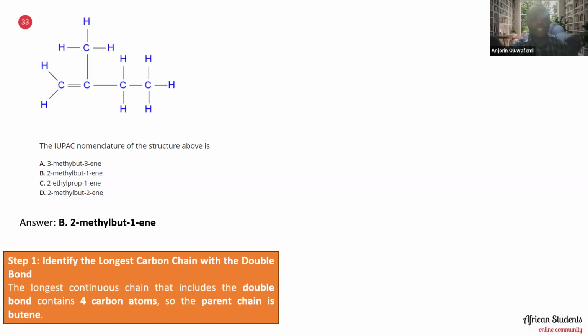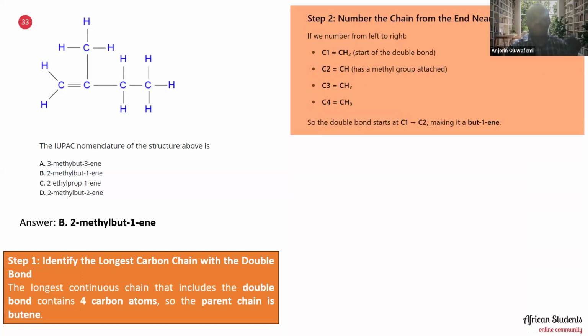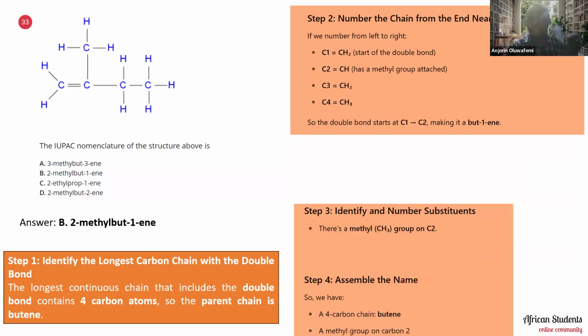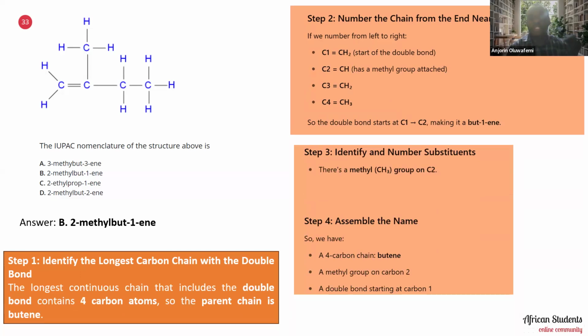Just like what I explained before, identify the longest carbon chain with the double bond, and then number the chain from the end nearest to the double bond. That was exactly what was done to arrive at this answer. Then identify and number the substituents, and the substituent in this case is methyl, on carbon 2.